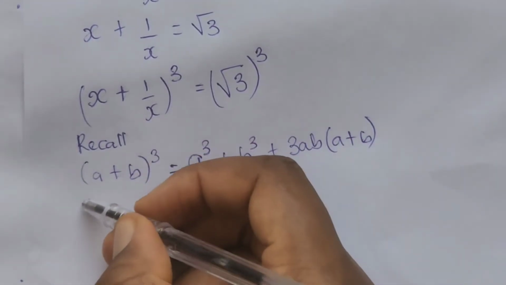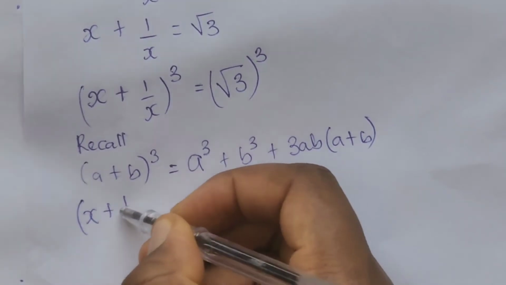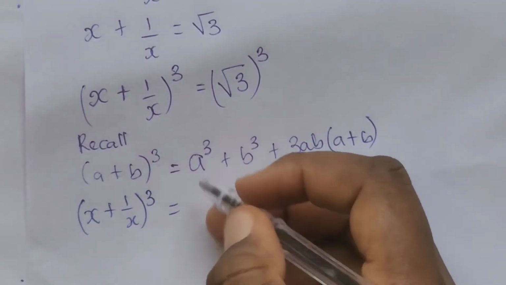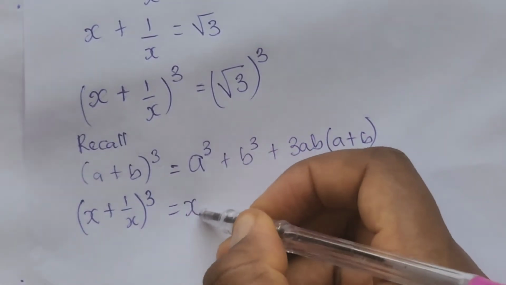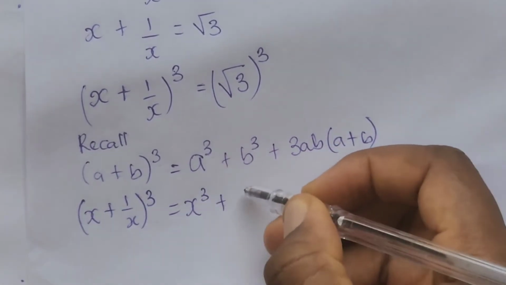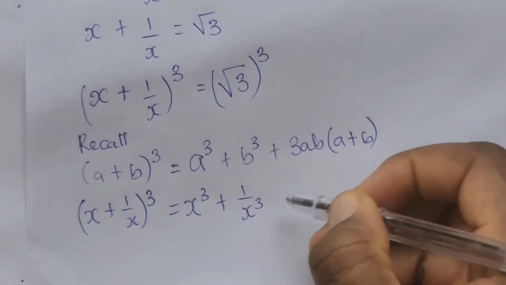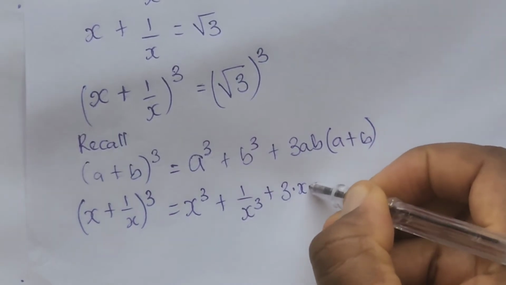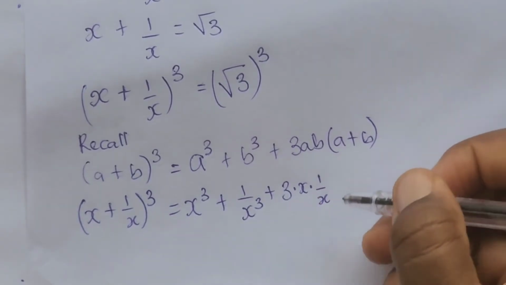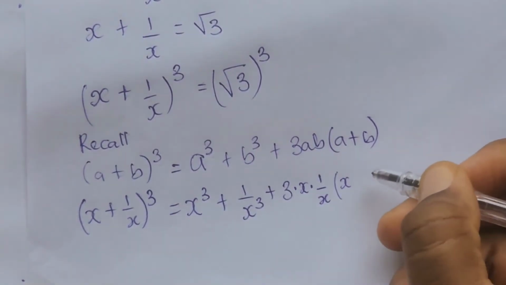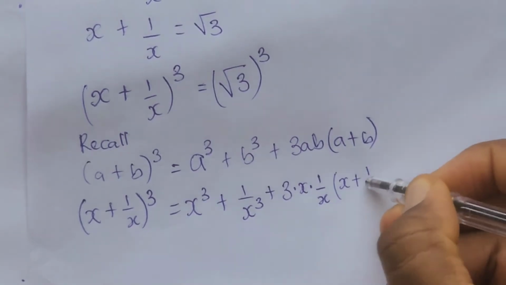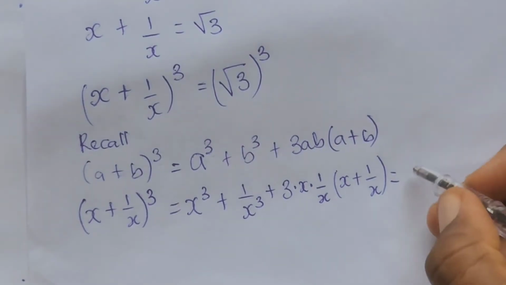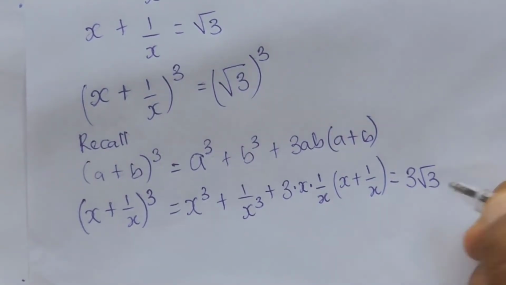So we have that x plus 1 over x all cubed will be equal to x cubed plus 1 over x cubed plus 3 times x times 1 over x times x plus 1 over x to be equal to 3 root 3.